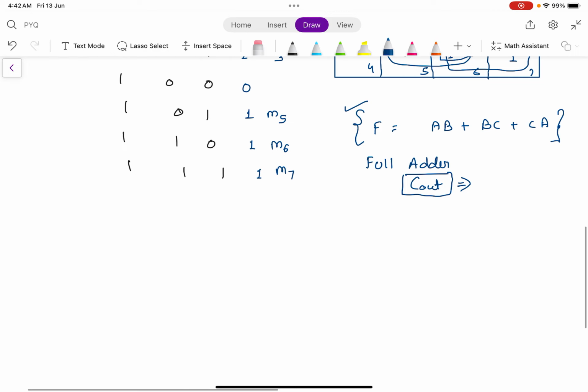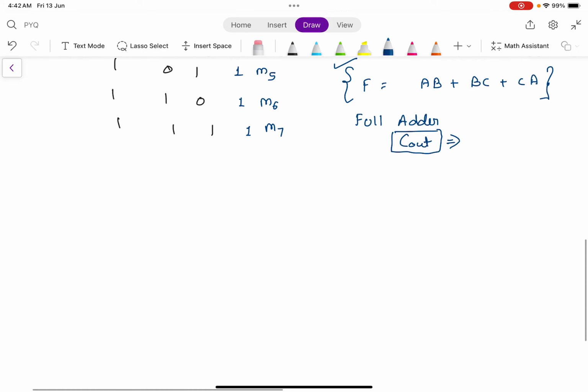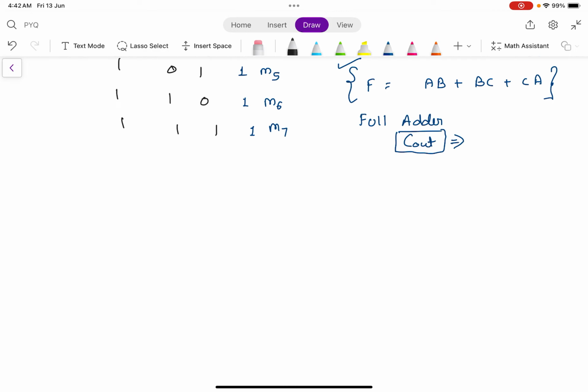Now I will give you one key concept, which comes from analyzing, or looking at the minterms in a different manner.